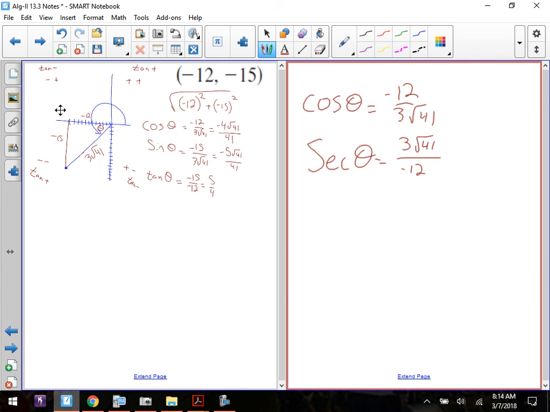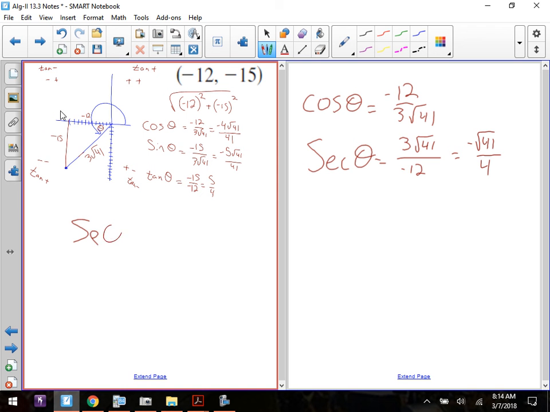I just have to simplify that fraction. And I just get negative root 41 over 4. That way you don't have to go back and write down that secant of theta is negative 41 over 4 root 41, and then simplify it out of that. That's just a nasty mess. It's much easier just to go from the original and then go from there. Does that make sense? By using the unrationalized version, you flip that one first, and then it's just quick.